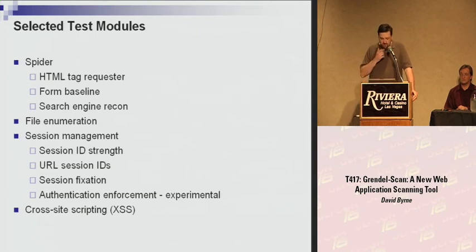The authentication enforcement module I mentioned briefly earlier is marked as experimental because it's not as accurate as I would like to see it. Basically, it will look for requests that are sent authenticated, and that a similar request was never sent unauthenticated. The session IDs are stripped out either from the cookies or from a query parameter, and the request is resent.